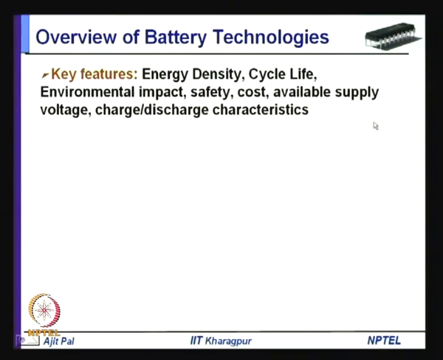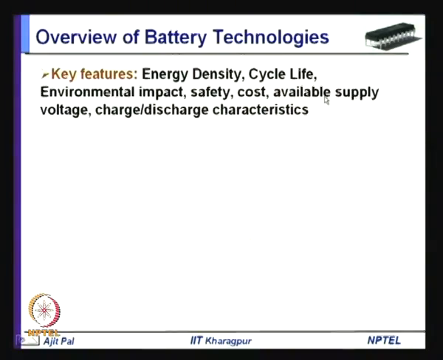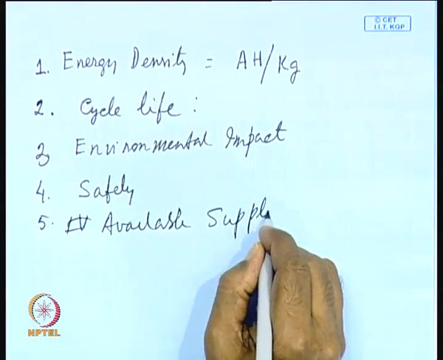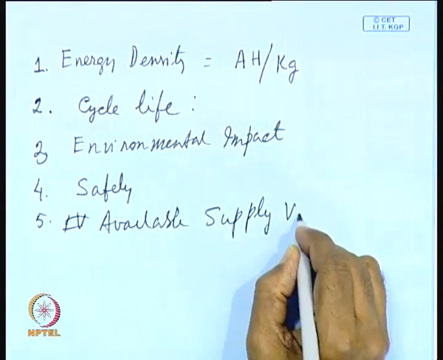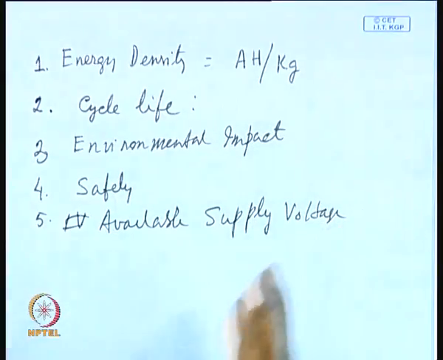Then comes the available supply voltage. You know that different batteries can supply different voltages. For example, the popular lead acid batteries can provide per cell 1.5 volt, and similarly nickel cadmium battery will provide 1.2 volt.